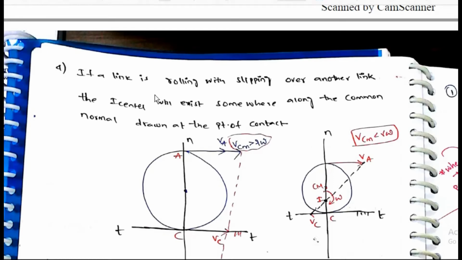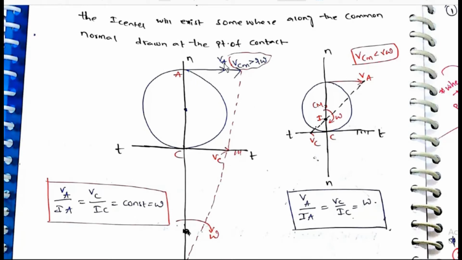If a link is rolling with slipping over another link, the I center will exist somewhere along the common normal drawn at the point of contact. Like if VA is like this, then the common normal is like this.